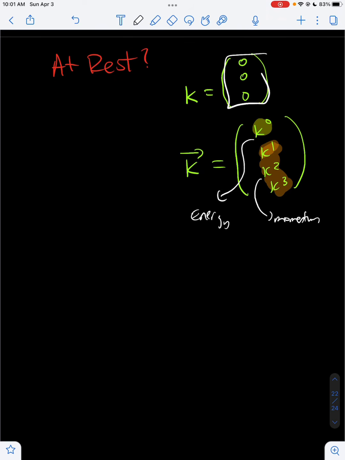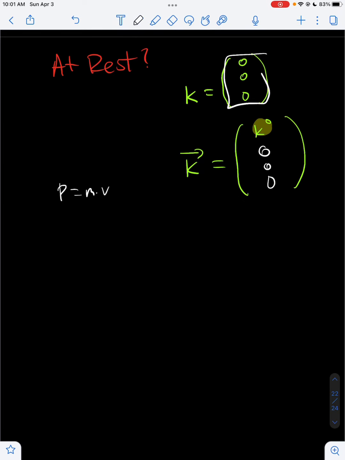And if the bottom 3 entries are all 0, this means that the particle has 0 momentum, right? And since momentum equals mass times velocity, if the momentum is 0 and the mass is non-zero, that means that v has to be equal to 0. So this corresponds to the particle not moving.